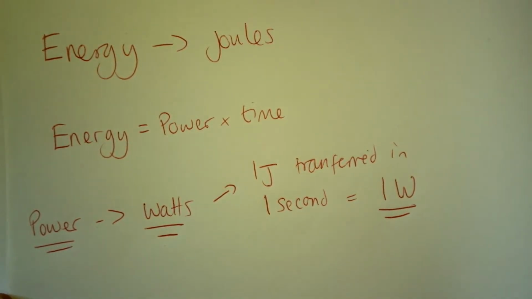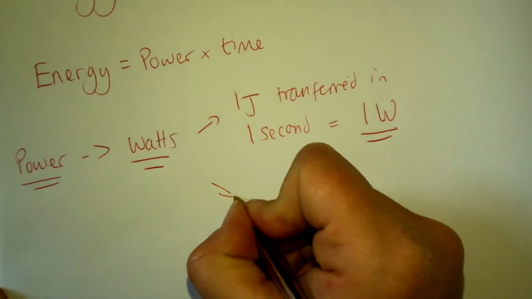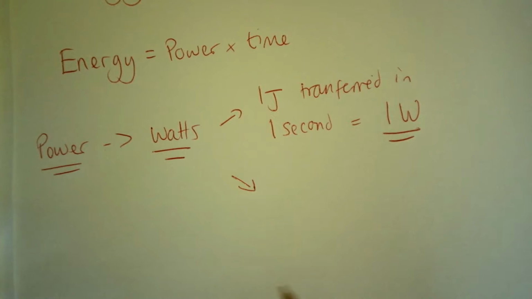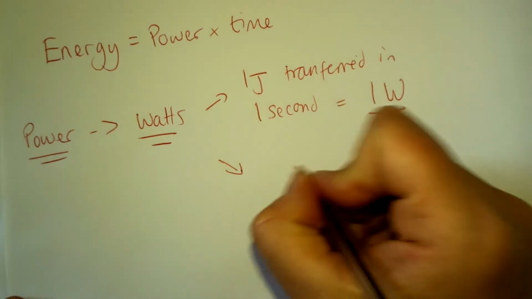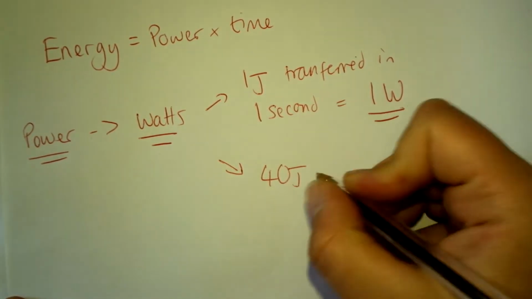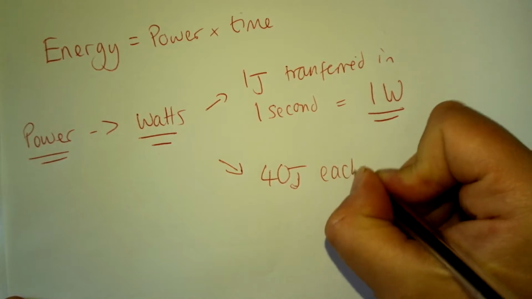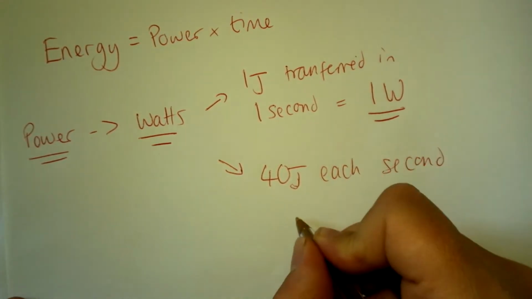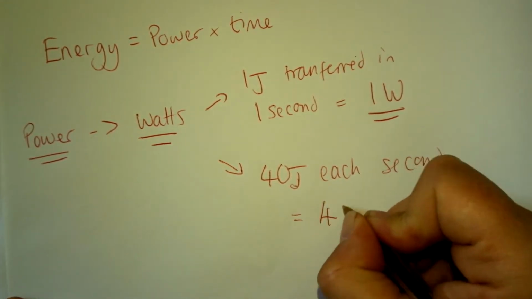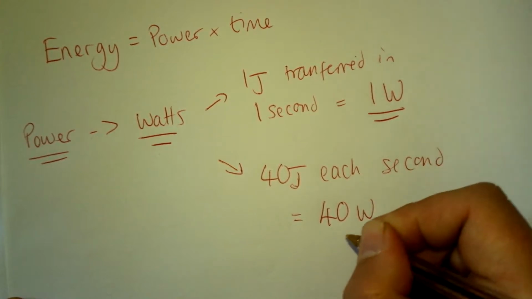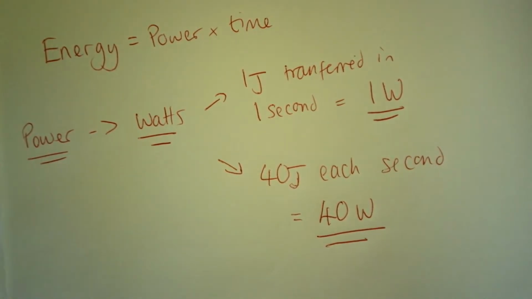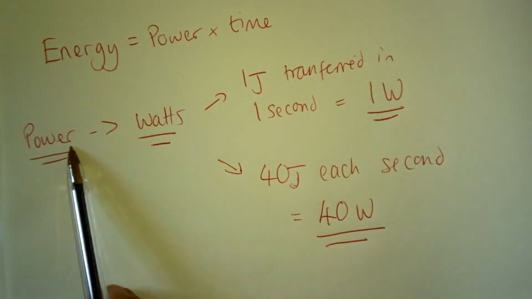Okay, so it's how many joules of energy are transferred in 1 second. So another example, let's say a light bulb or something transfers 40 joules of energy each second. What that means is it will have a wattage of 40 watts. That's its power, 40 watts.